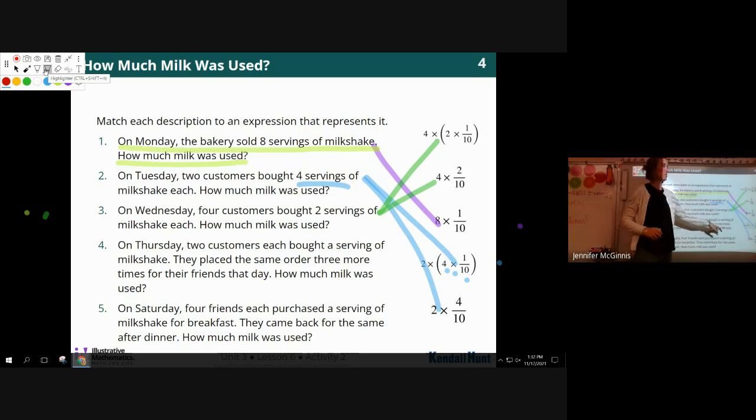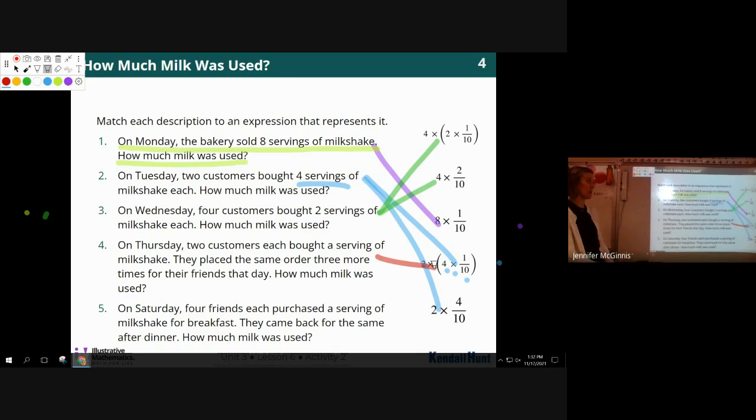2 customers each bought a serving, which is 1, right, of milkshake. They placed the same order 3 more times for their friends. So they had how many? 4. Yes, you were right.